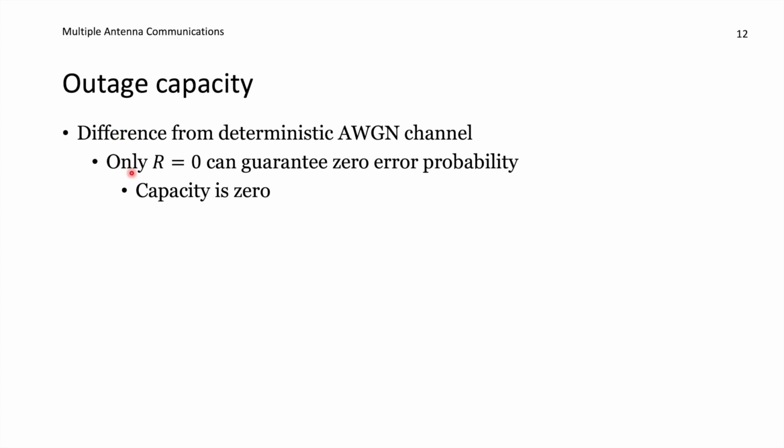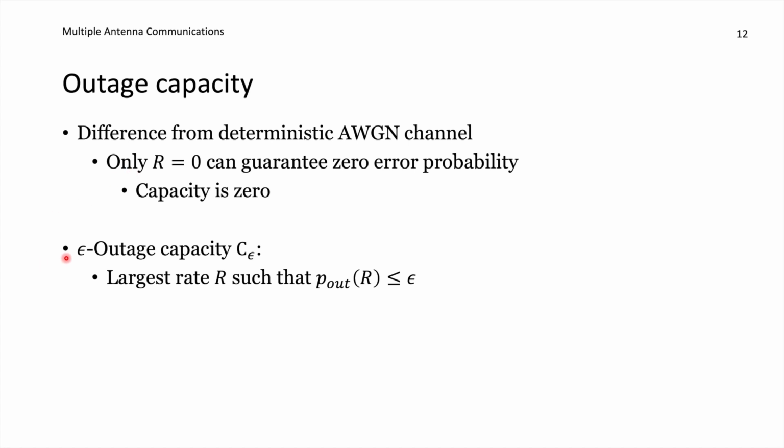Well, the capacity is, strictly speaking, the largest rate that we can communicate at with 0 error probability. Since we have a random channel, the capacity in its original form is, strictly speaking, 0. There is no rate that we can communicate at without getting a fading realization that will lead to errors. So we need to find a balancing between having any data rate at all and trading away some reliability.